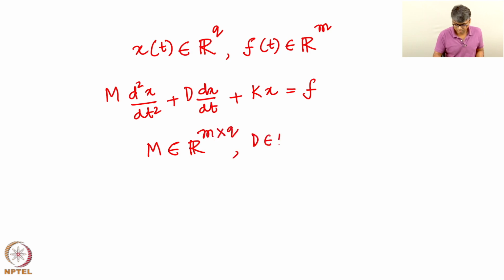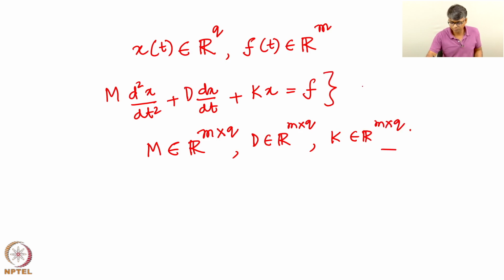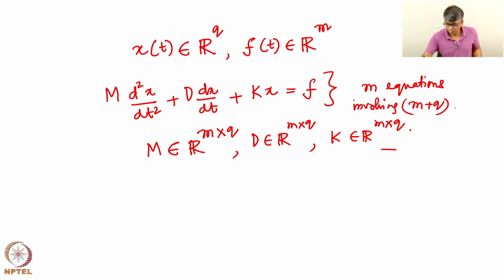D can also be a matrix of size m cross q, and K can be a matrix of size m cross q. This actually is a system of m equations involving m plus q number of variables.